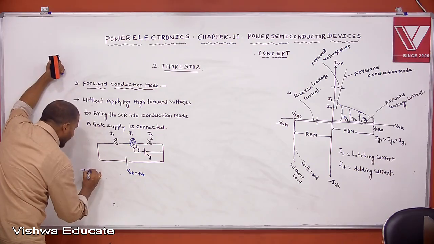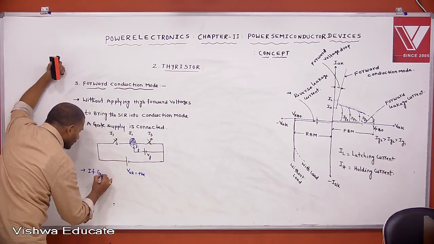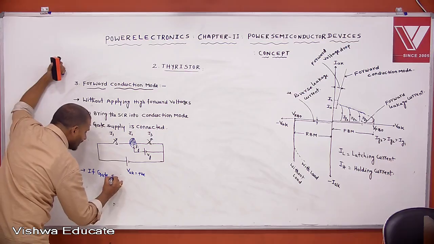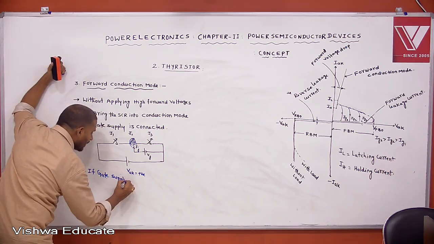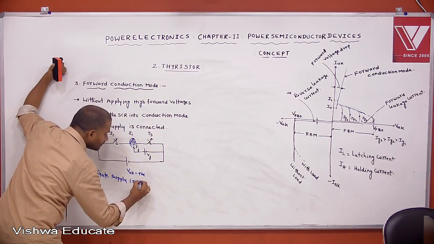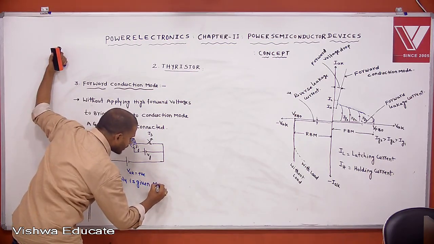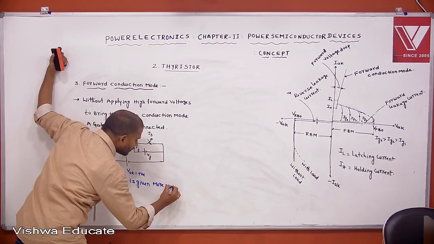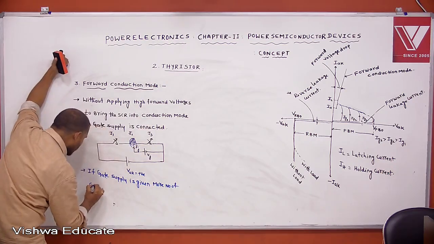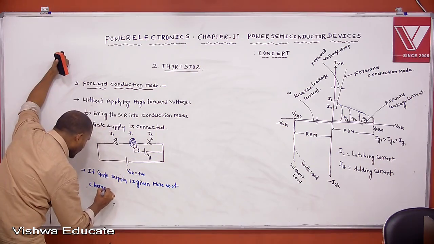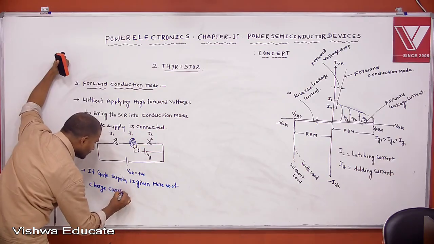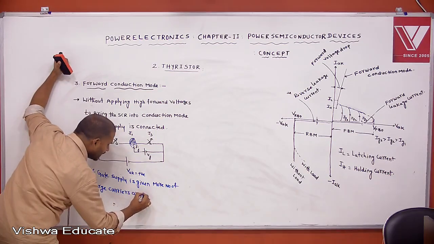If gate supply is given, more number of charge carriers are injected into J2 junction.